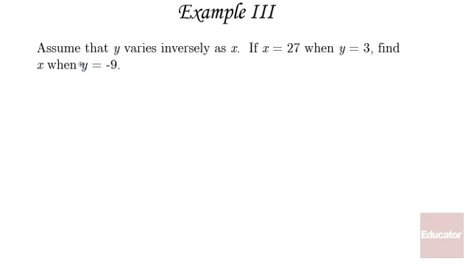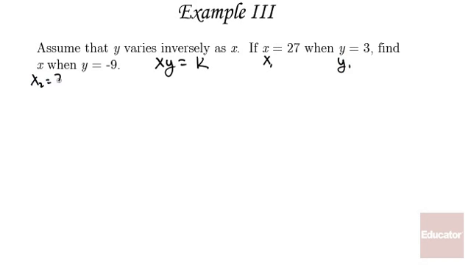In this example, we're told to assume that y varies inversely as x. So that tells me that xy equals k. And I'm given an x value equals 27 when y equals 3, and asked to find x when y equals -9. So what I've been given is an x1 value, a y1 value.